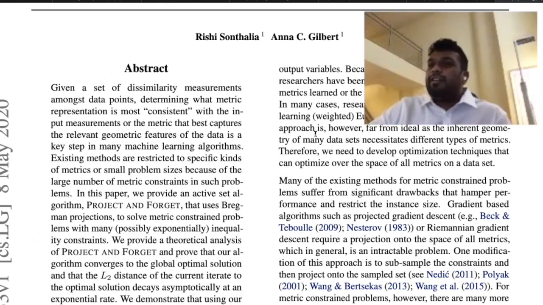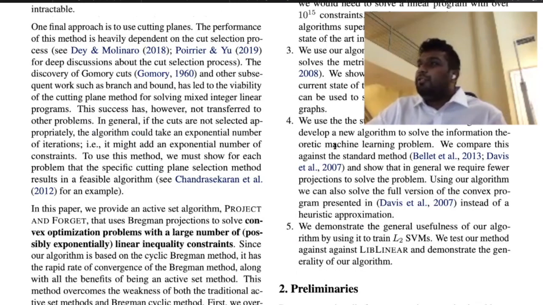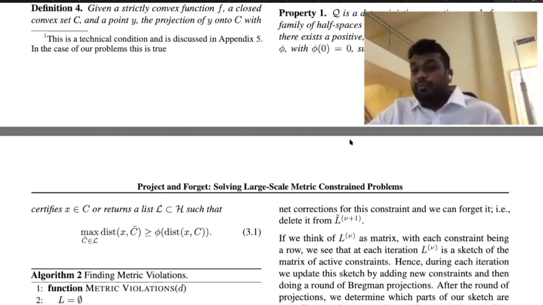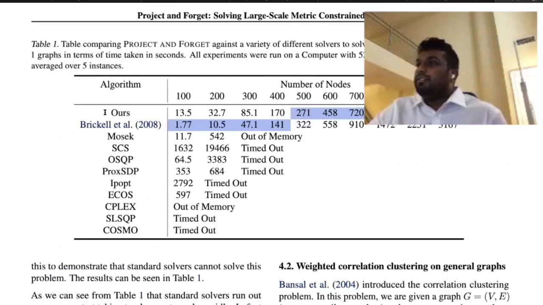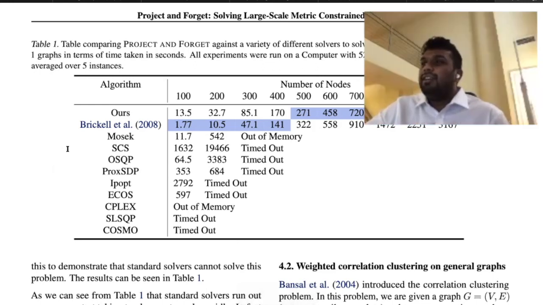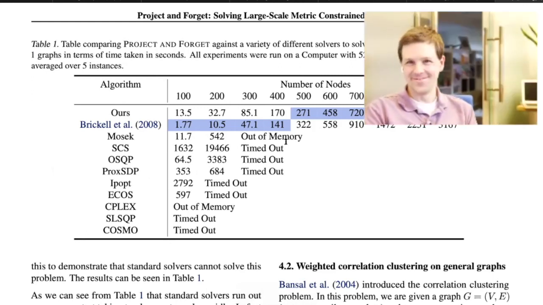So mostly we've been talking about correlation clustering, but the method can be used for other metric constraint problems. In particular, we look at metric nearness, which is the problem from Brickell's paper, and there we did a more extensive comparison of these off-the-shelf optimizers, and they don't do well.